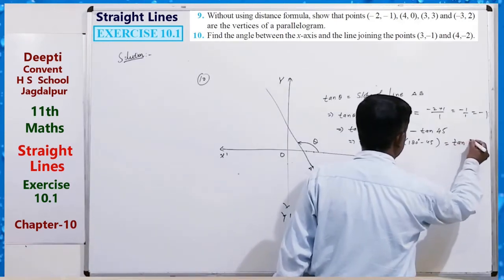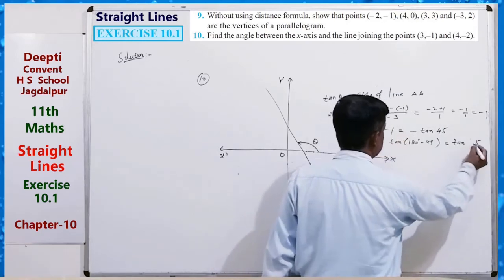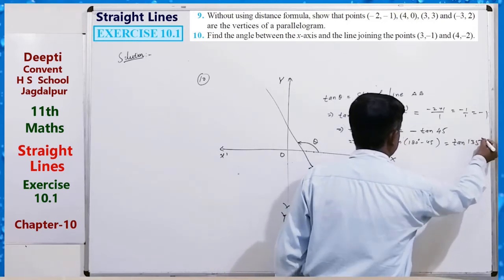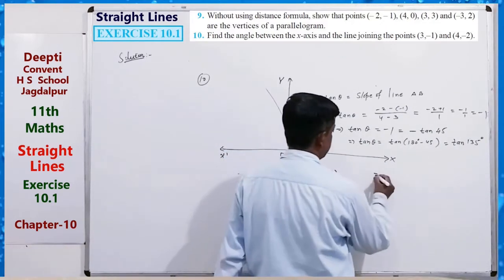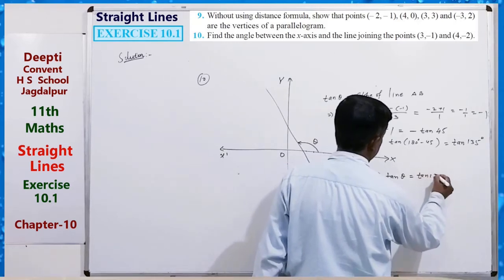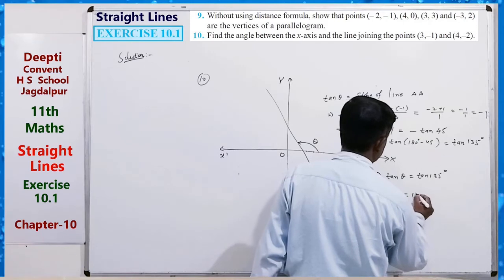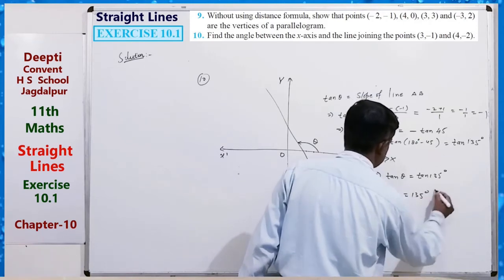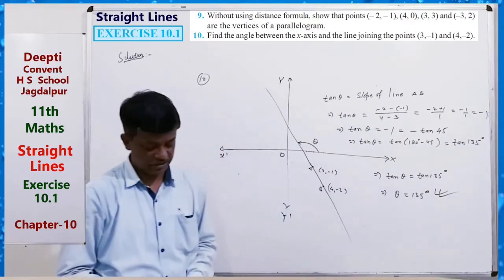Tan 135 degree. So here tan theta equals tan 135 degree, which implies theta equals 135 degree. So this is the angle, 135 degree.